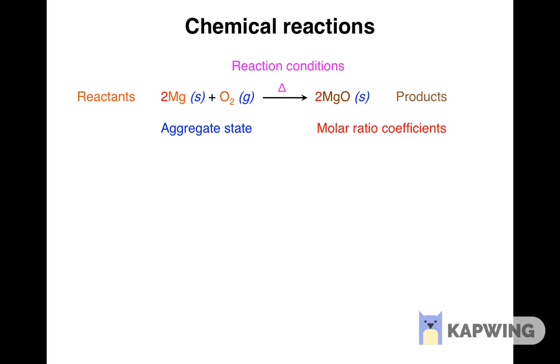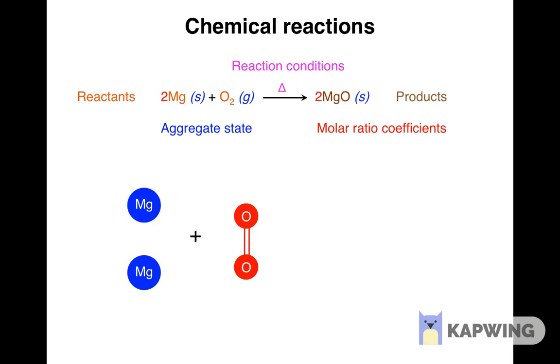They indicate how many atoms or molecules of each reactant must be taken in order to completely use up all reactants, and how many atoms or molecules of the product will be formed as a result. In the example that we are considering, one must take 2 magnesium atoms and 1 oxygen molecule.